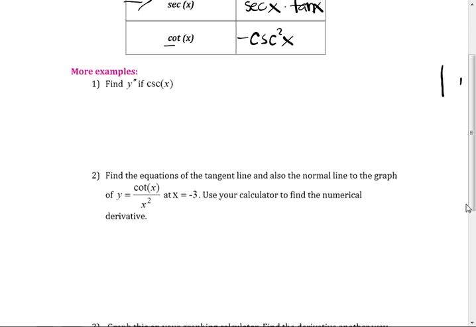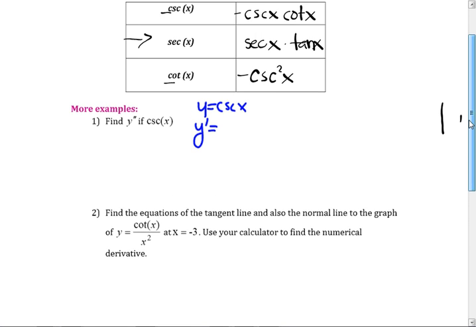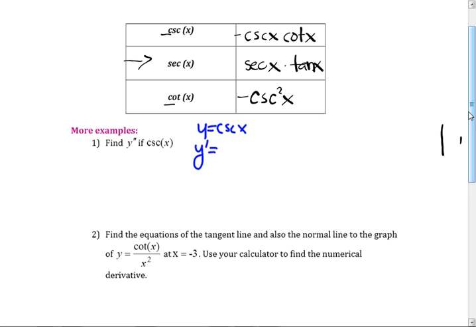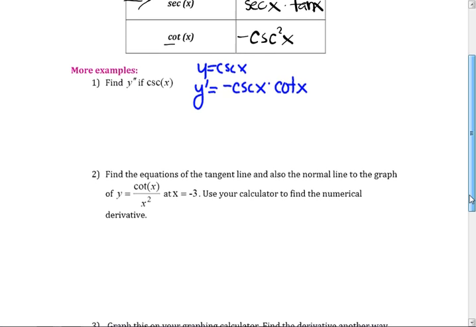Remember, if y is equal to the cosecant of x, the first derivative, we go back up to our chart: derivative of cosecant is negative cosecant of x times cotangent of x. Let's find the second derivative, because this should be what the homework is like. That's the first derivative. The third derivative is the jerk. So whatever we don't get done today, we'll get done tomorrow.